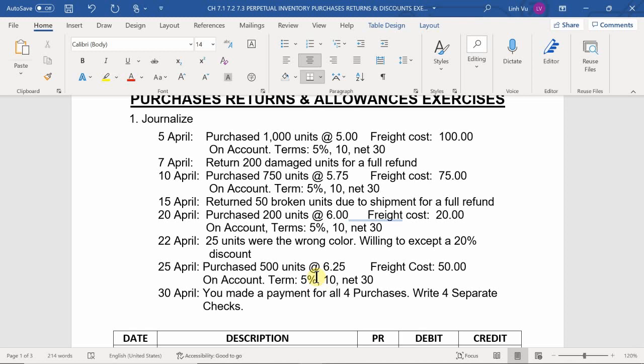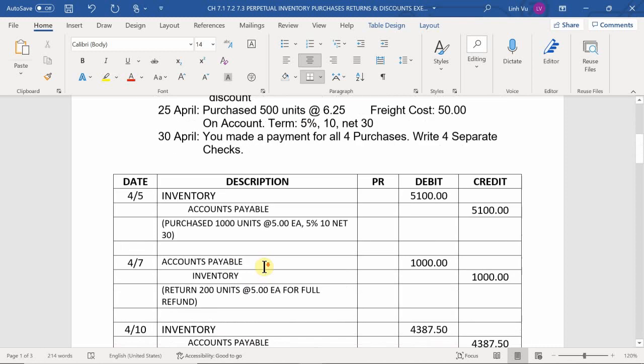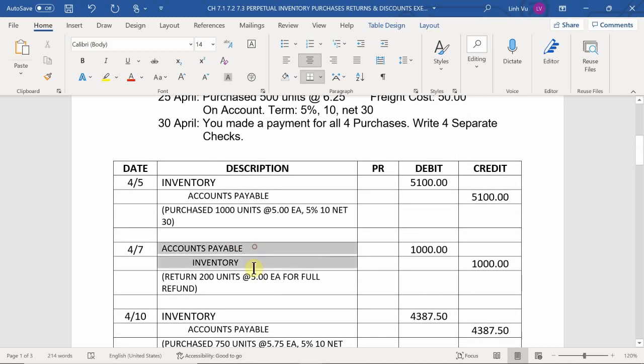Accounts payable and inventory. So how do we calculate that?